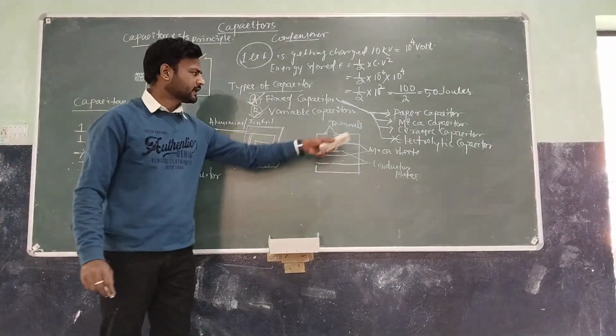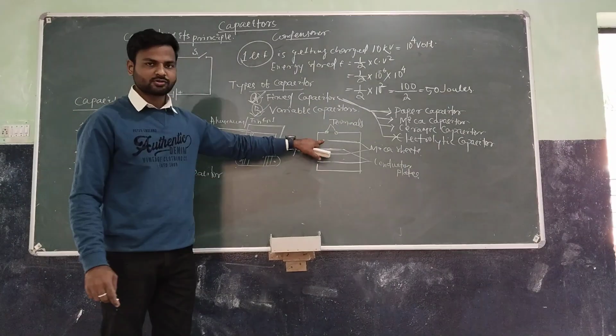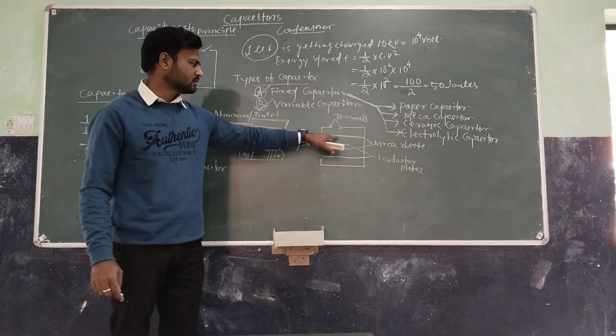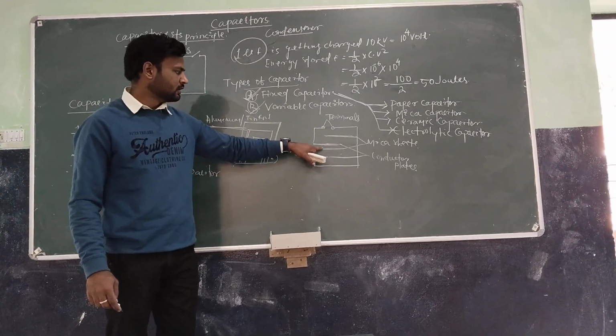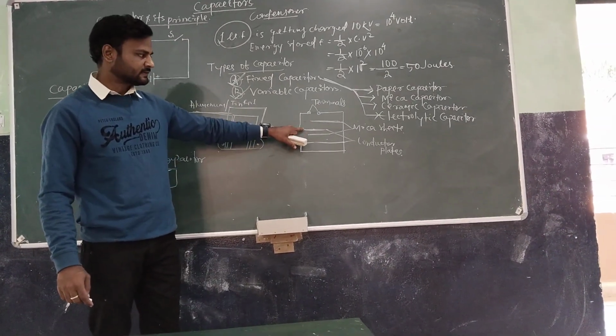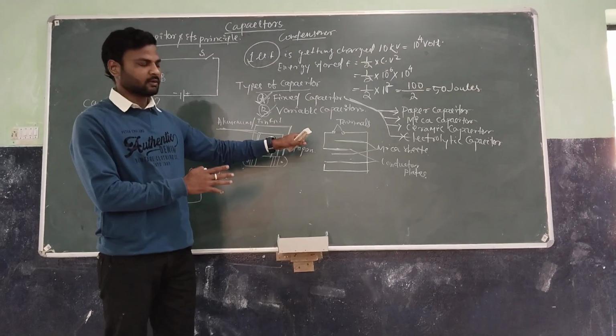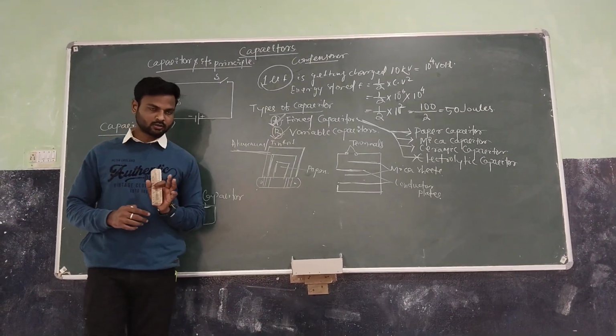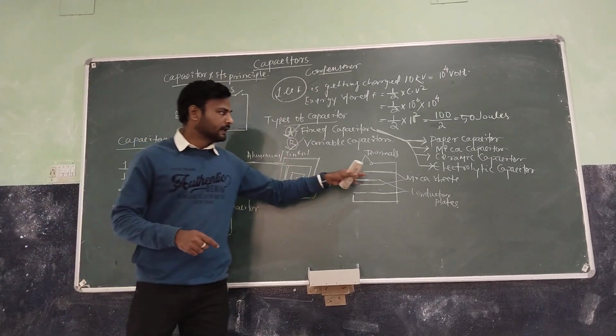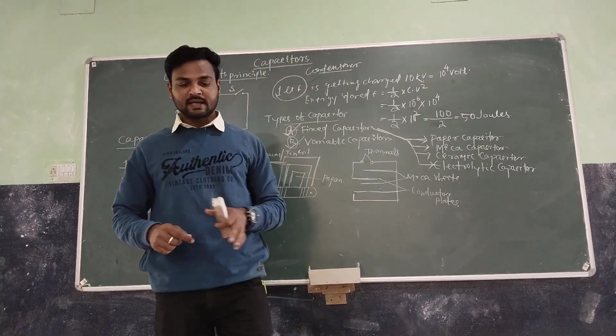This is the construction diagram of a mica capacitor. These are the mica sheets here and conductor plates here. In between the conductor plates, the mica sheets are used as a dielectric medium which separates the two conductors.